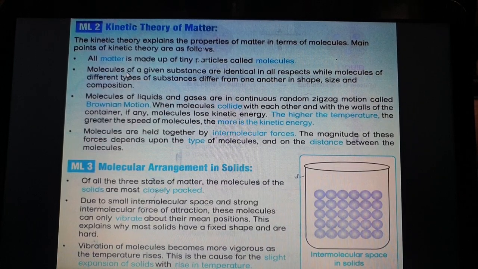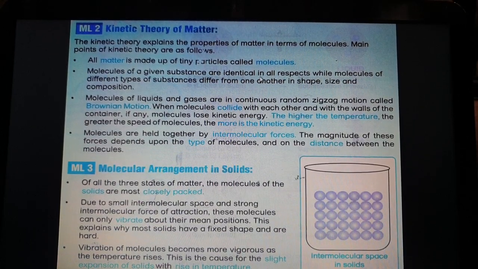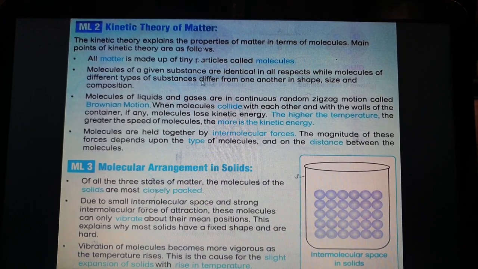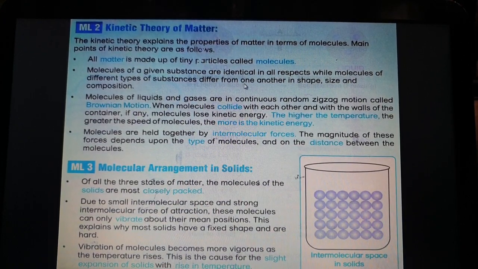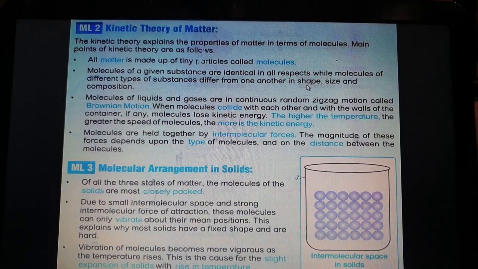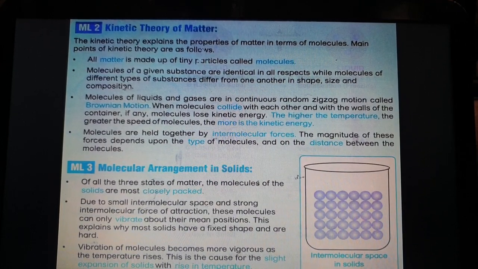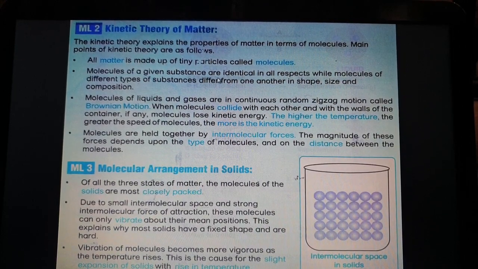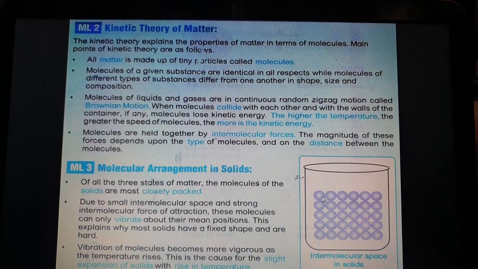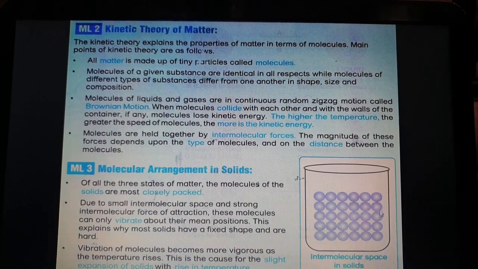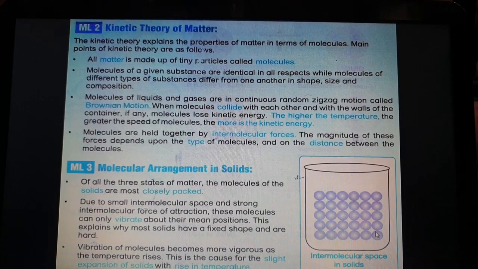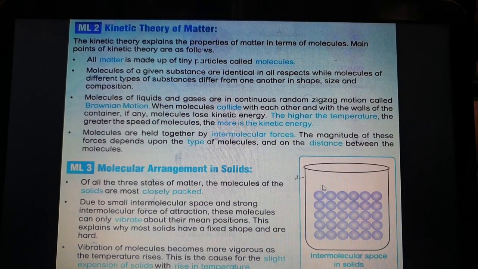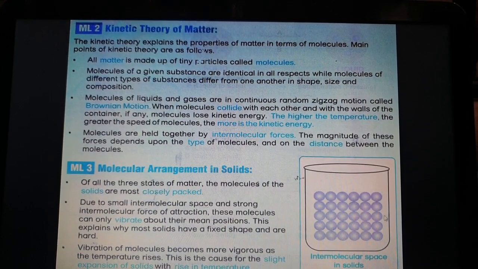Now, molecules of a given substance are identical in all respects, while molecules of different types of substances differ from one another in shape, size, and composition. For example, if I am taking a substance like chalk, all the molecules arranged in the chalk are of the same shape and the same size.